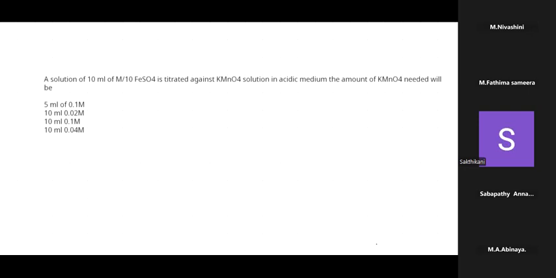So look here. Ferrous sulfate 10 ml, M by 10 means a 0.1 molar solution.